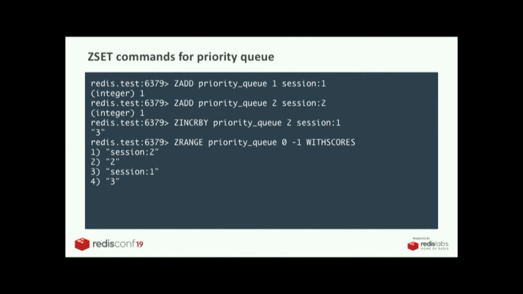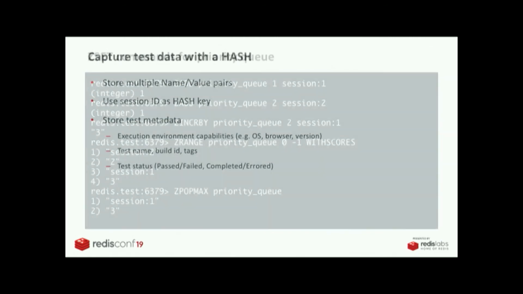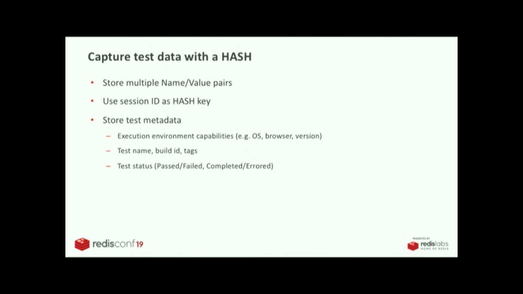That's another nice thing about zrange, I can do it with scores. So I see session 2 has a score of 2. Session 1 has a score of 3. Session 1 wins the match. When I zpop max from the priority queue, session 1 goes off that queue into the active sessions. And I get to go home before you.